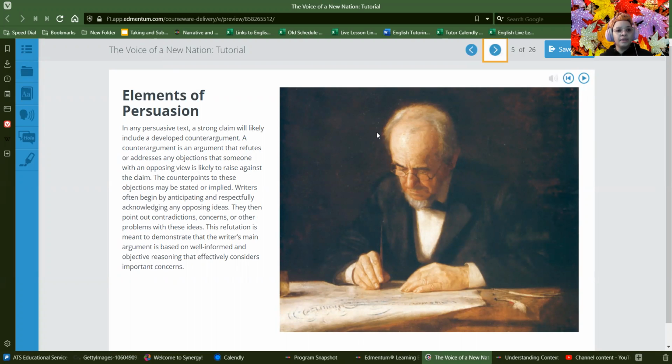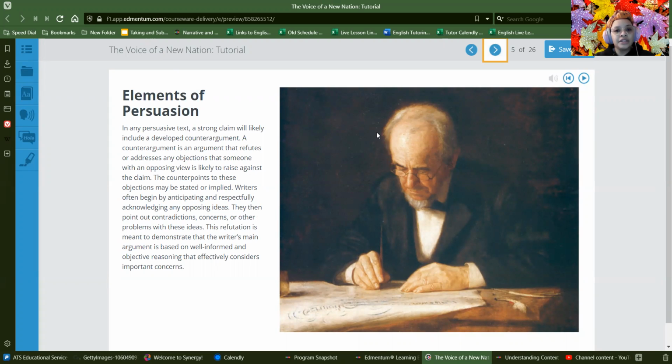People were making arguments about what the rules for the American nation should be like, and they were debating back and forth. So we're moving a little bit past this to the actual texts that were written up, like the Declaration of Independence and the US Constitution.